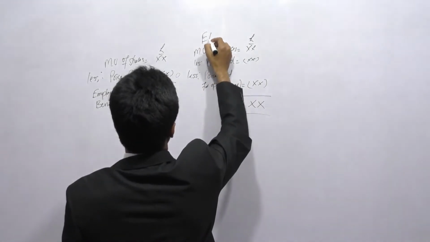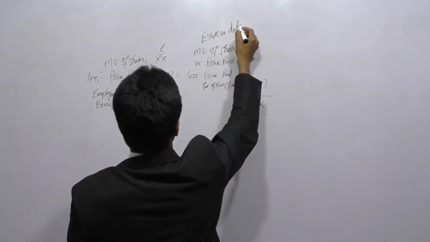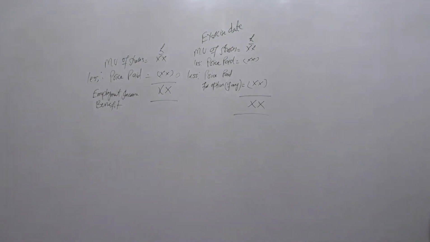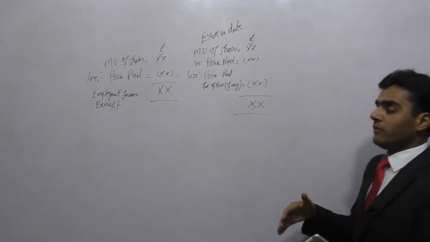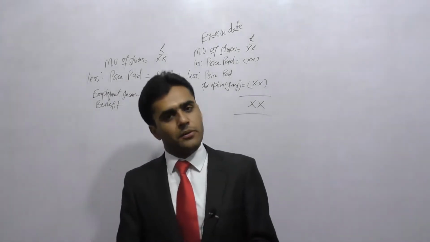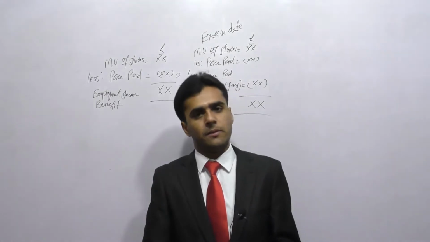Now, what is the difference between the exercise date and the grant date? Could you please tell me? Now, the grant date is the date when the options were granted to you. Say, for example, if you said I want to buy the options, that is the grant date when the company is giving you options, correct?